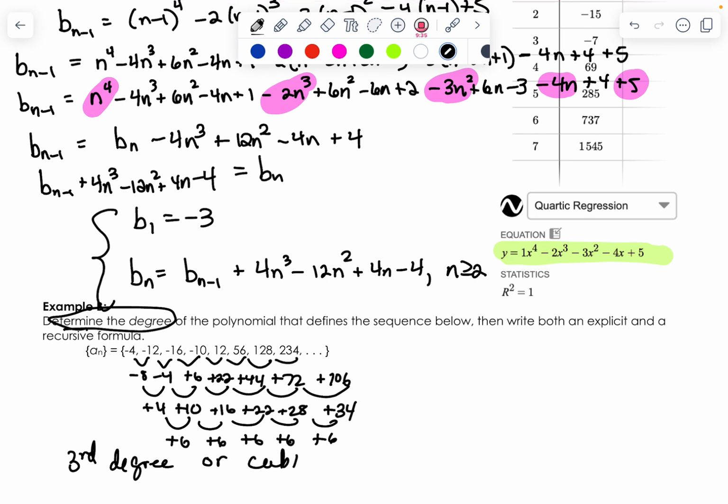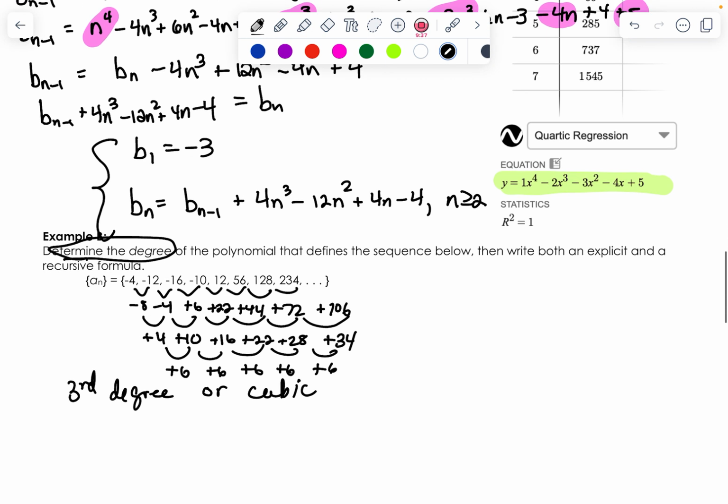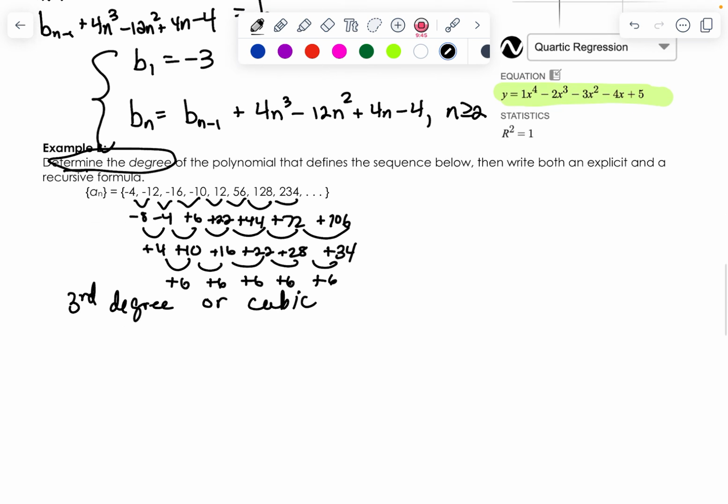So what I want you to do is, whether you want to use matrices or Desmos, I strongly recommend the Desmos. I went ahead and did that, and I got n cubed minus 4n squared minus 3n plus 2. So now what I'm going to do is go through and do the a sub n minus 1.